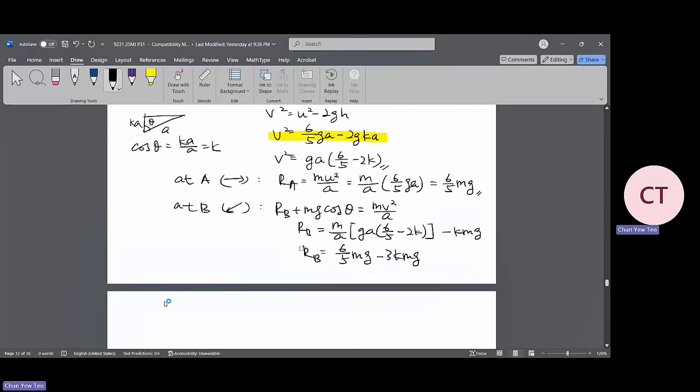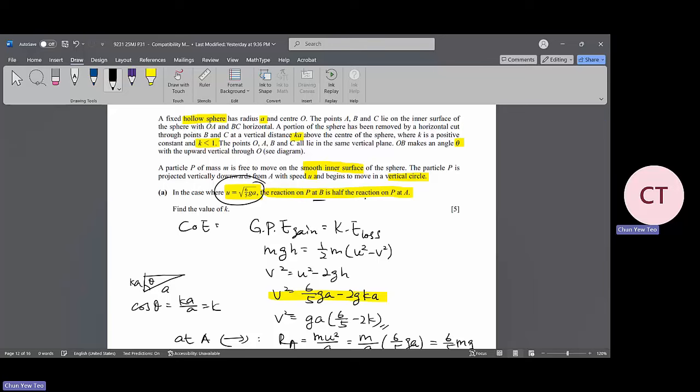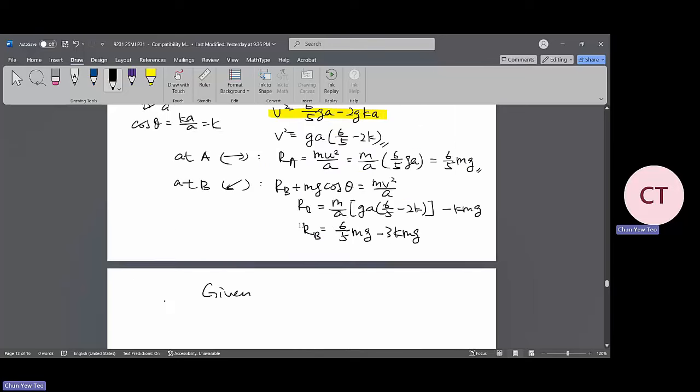Since given that RB is half of RA, we just need to write down 6/5 mg minus 3 kmg is equal to 3/5 mg.